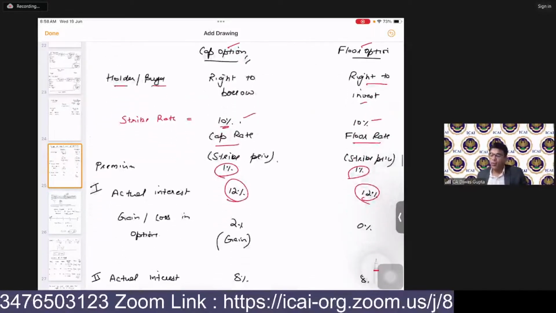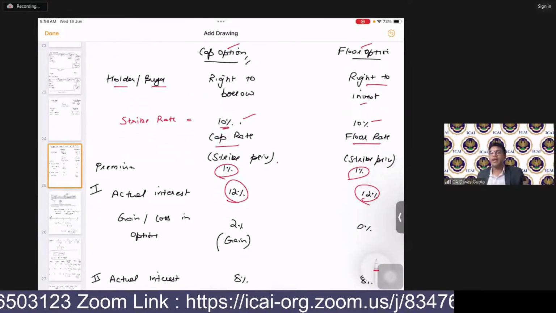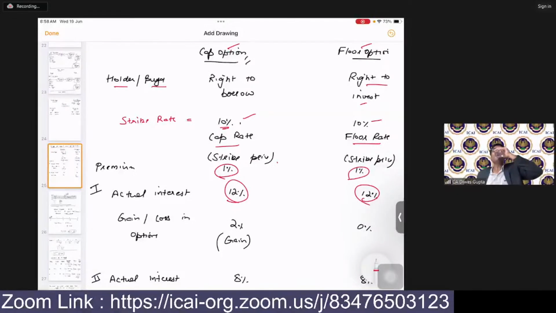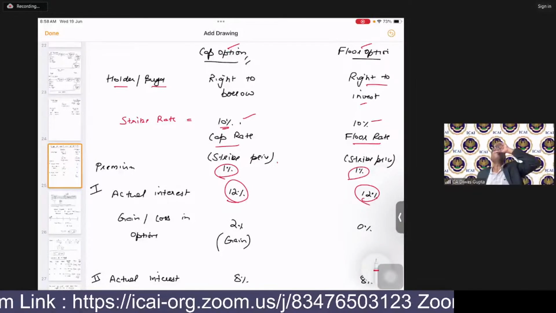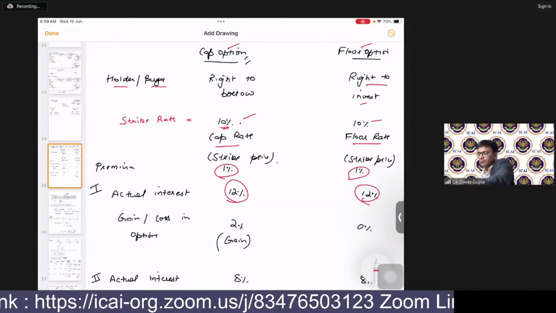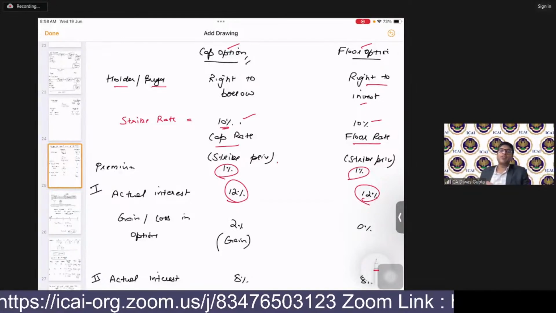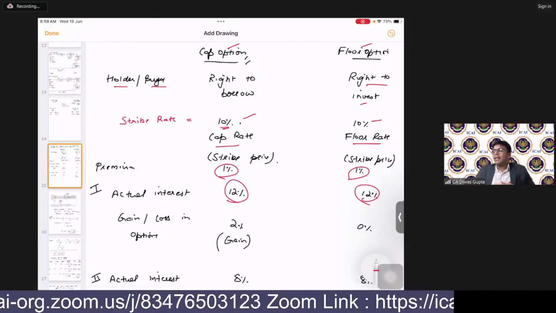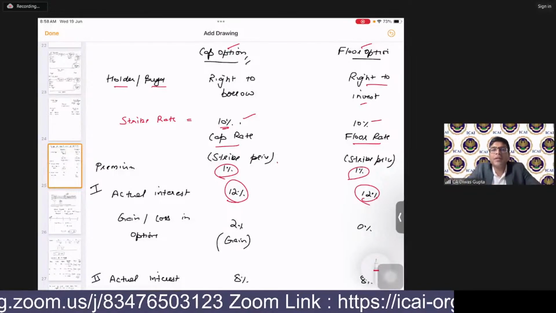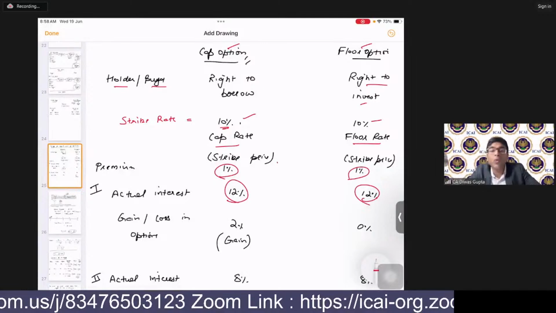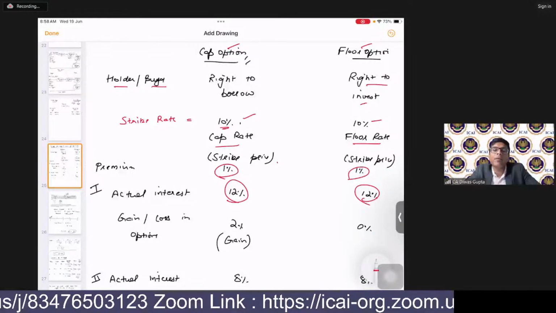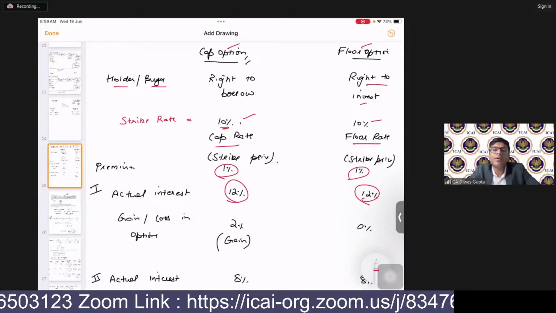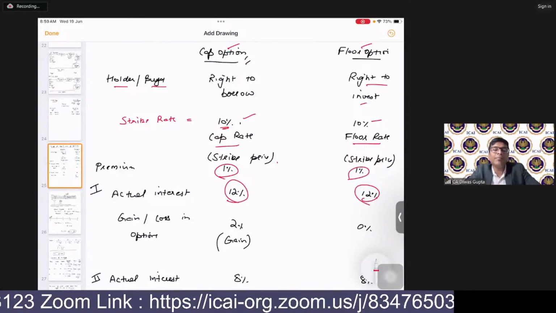Now tell me, floor option. Okay, let me tell you why the cap option will become out of the money. Always think about what the instrument is offering you. In the cap option, the instrument is offering you to borrow a specified amount at the rate of 10%.